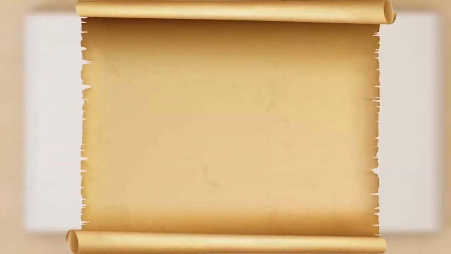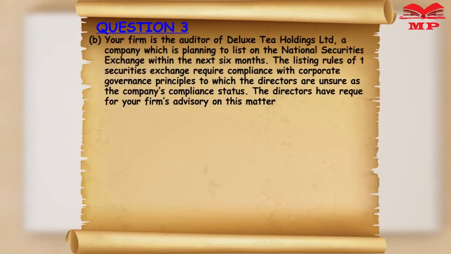Question 3B reads as follows. Your firm is the auditor of Deluxe Tea Holdings Limited, a company which is planning to list on the National Securities Exchange within the next 6 months. The listing rules of the Securities Exchange require compliance with corporate governance principles, to which the directors are unsure as to the company's compliance status. The directors have requested your firm's advisory on this matter.